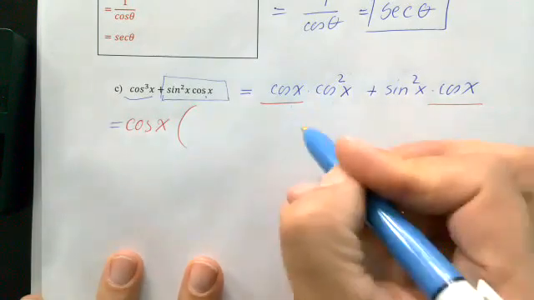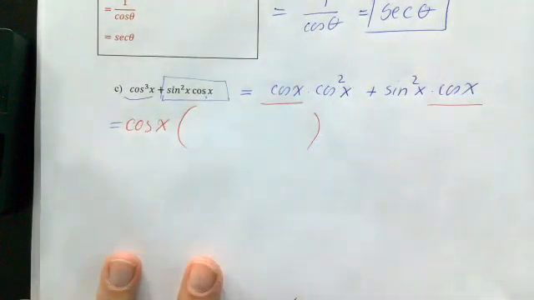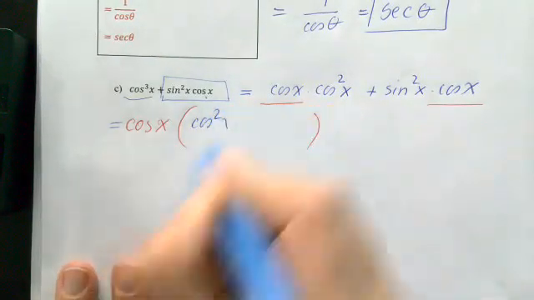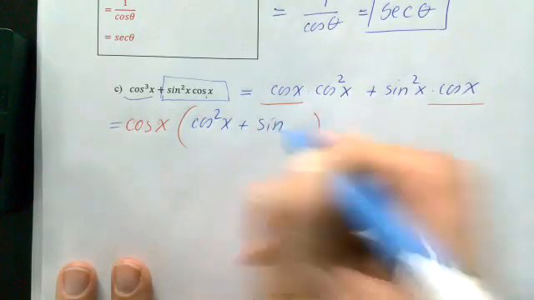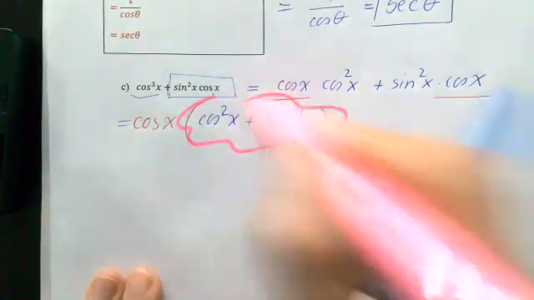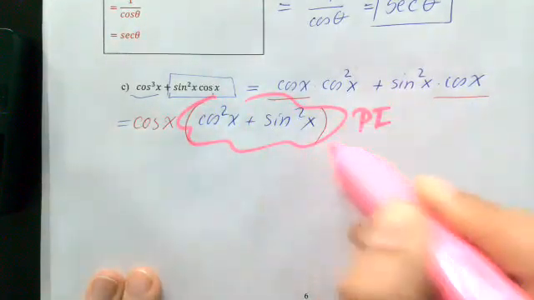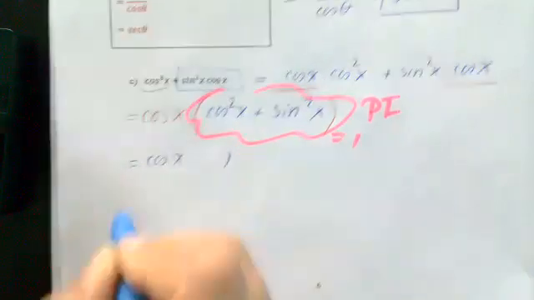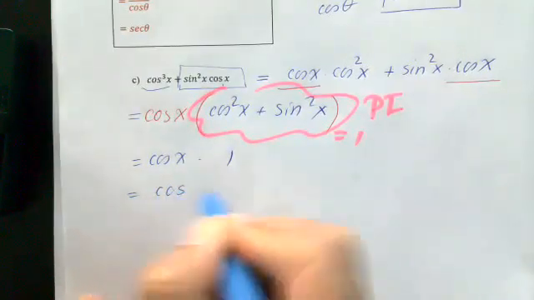And inside the bracket, we have what's left over in each of those terms. So we have cos squared x plus sine squared x, which is ding, ding, ding, Pythagorean identity, which equals 1. So we end up with cos of x times 1, which is just cos of x.